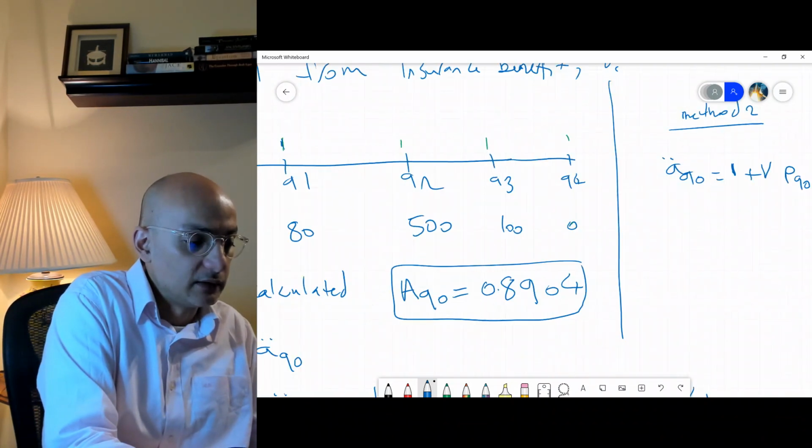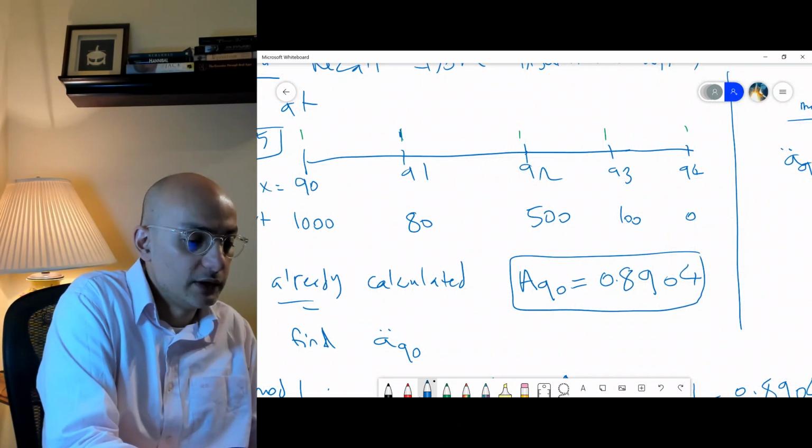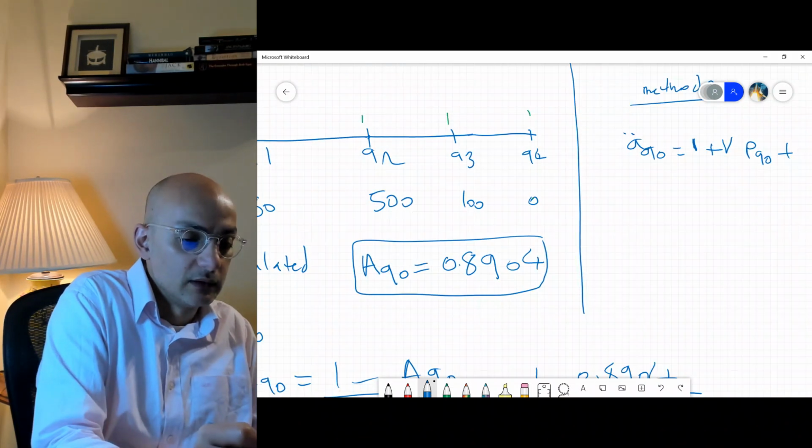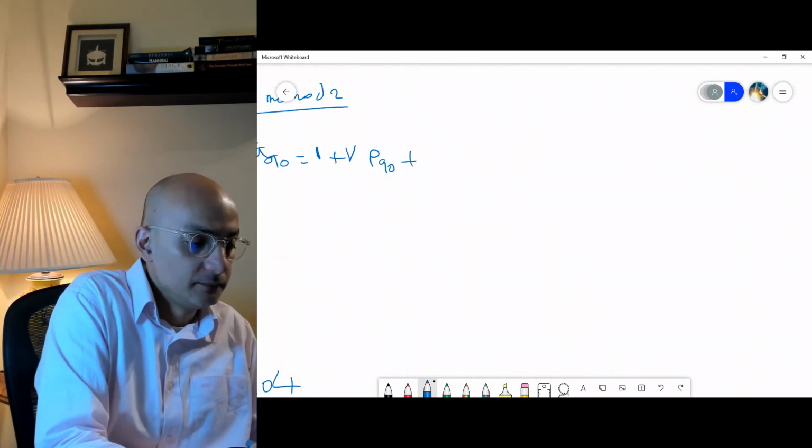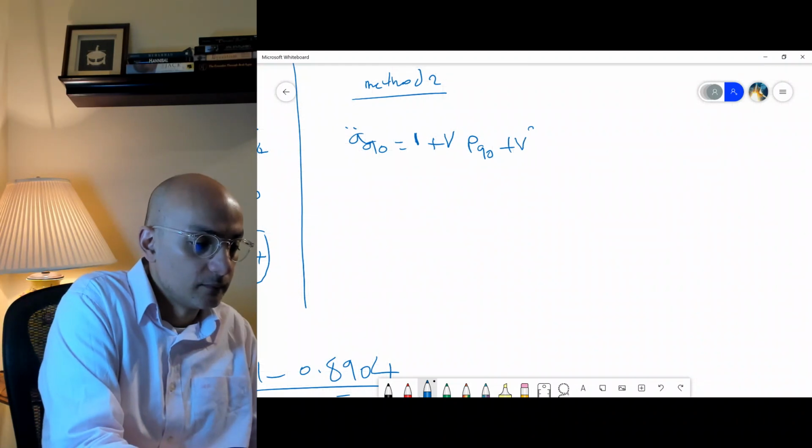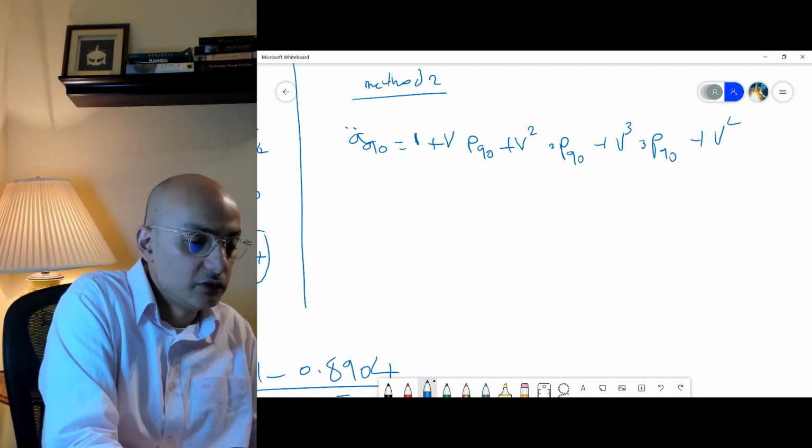Same logic here. The second payment, to get this one, you need to survive 2 years. So you get v² times 2p90 plus v³ times 3p90 plus v⁴ times 4p90.